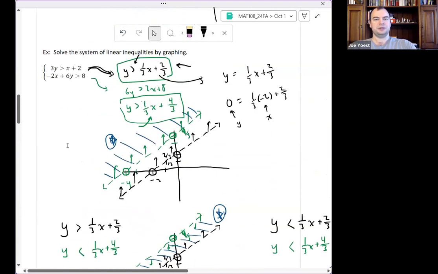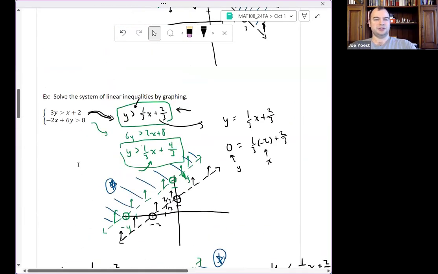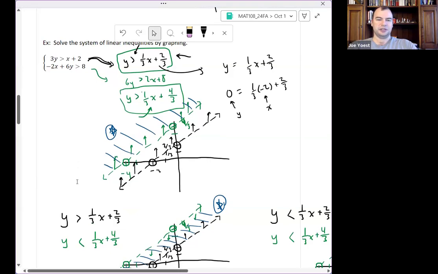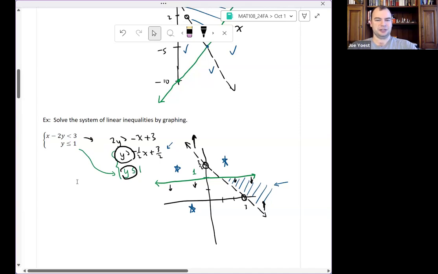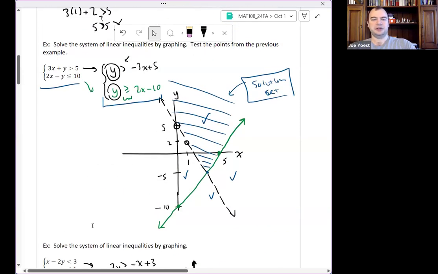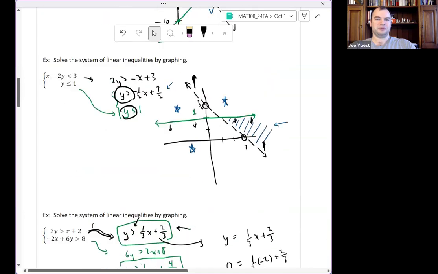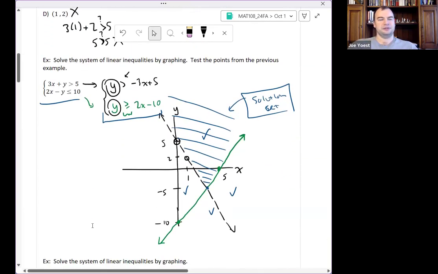So this edge case, where I have two parallel lines, we treat a little bit differently. It's a special case, still follows the same logic and methodology as above, but it just looks a little bit different. If I have two lines that intersect one another, then I'm expecting that one of my four pseudo quadrants is going to be the solution set.